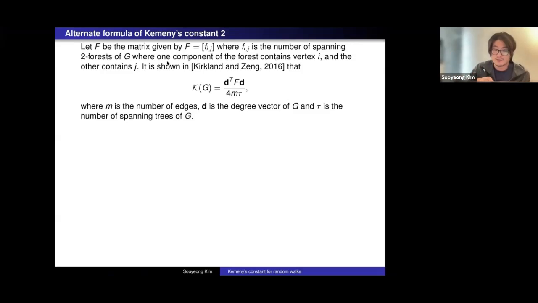So when you take a look at this matrix, F_ij, which is an entry of the matrix, this is the number of spanning 2-forests, where one tree contains vertex i and the other contains j. So this forest actually separates vertices i and j, right? And then Kemeny's constant can be expressed in this way. Here m is the number of edges, tau is the number of spanning trees, and d is the degree vector. So let me give you an example.